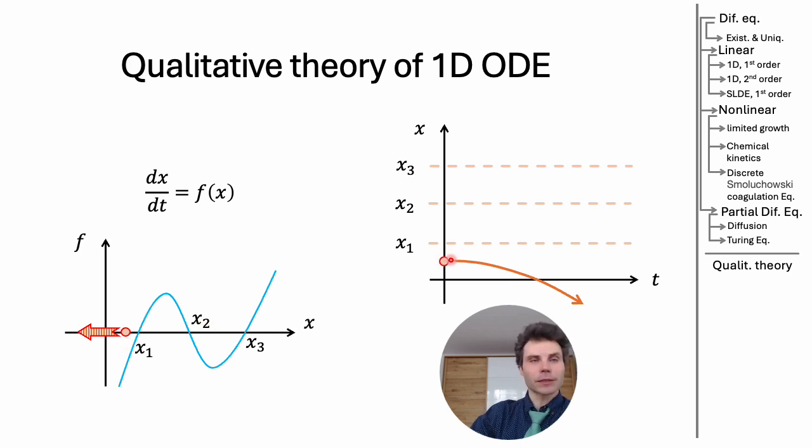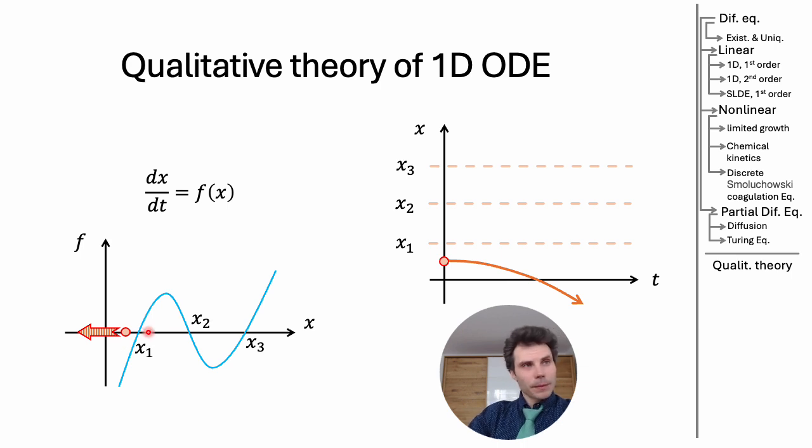And this is the part of the qualitative study of this equation. We gave a negative increment to x, downwards from the x1 value, and by seeing the sign, whether the derivative with respect to time is positive or negative, we conclude that x is going to be decreasing.